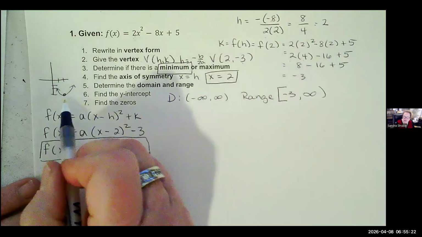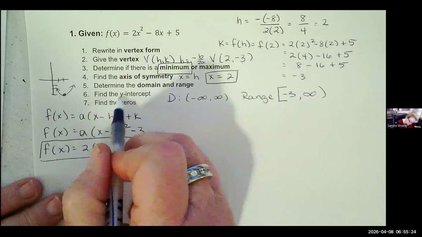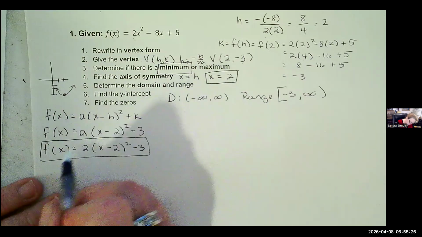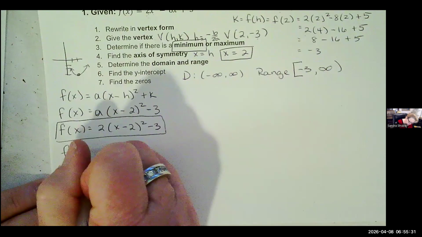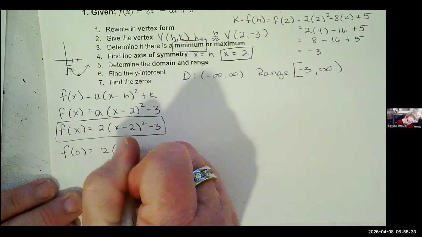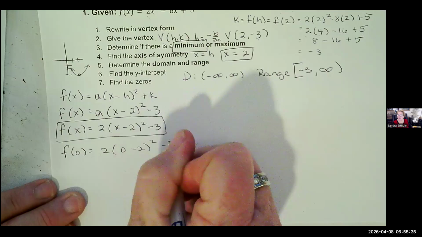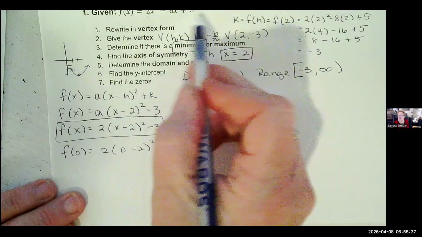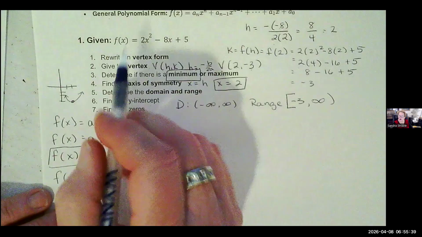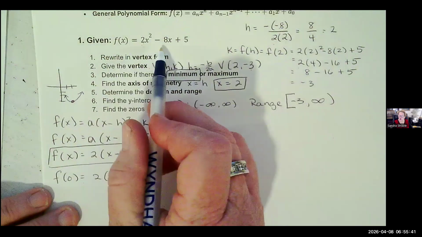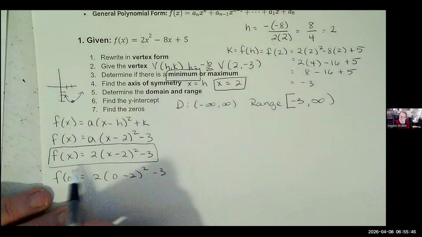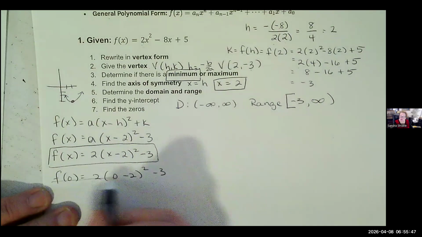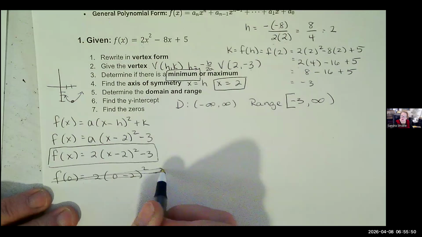All right, find the y-intercept. Well, that's where we let x equal 0. I'll just come over here, f of 0. Or I could use the vertex form up here. You know what? It would honestly be better if you used the original. Because what if you did this wrong?